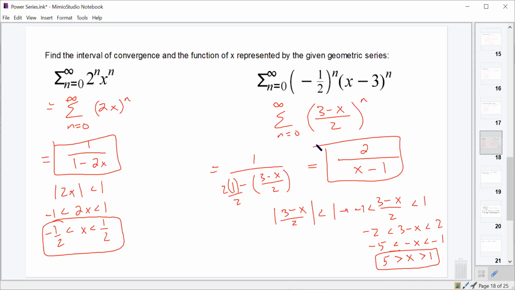Does that make sense to everybody? And I believe we already did this one, 1 over 1 minus 2x. So let's take a look at this one in Desmos, and then we'll be done for today.